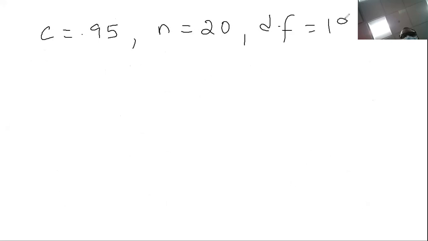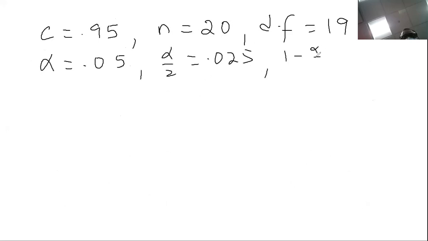So in this example, C equals 0.95, N equals 20, degree of freedom equals 19, alpha 0.05, alpha over 2 is 0.025, 1 minus alpha over 2 is 0.975.